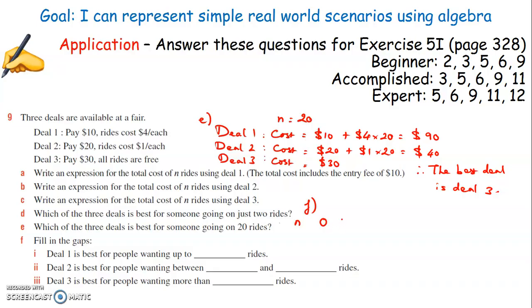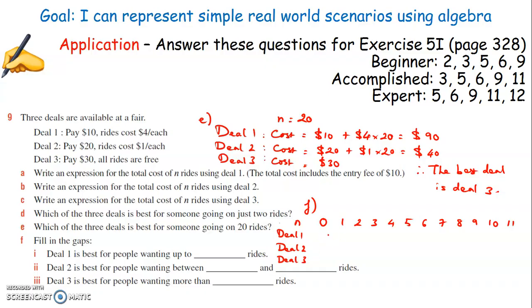Okay, and then we have n equal to 1 ride, 2, 3, 4, 5, 6, 7, 8, 9, 10, and I think I have enough space for 11. Okay, and then we're going to calculate the cost for each of the deals. Okay, so deal number 1, deal number 2, and deal number 3.